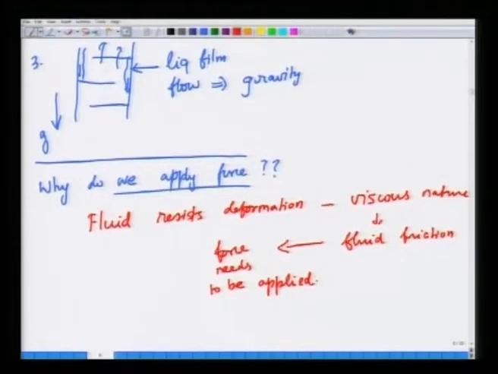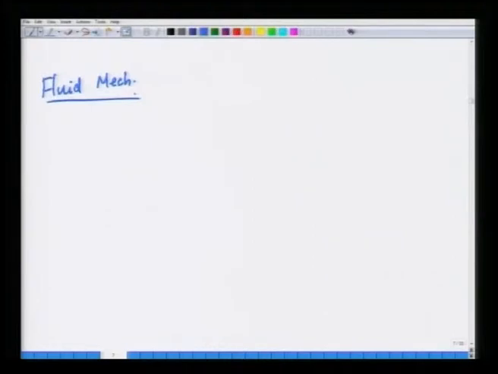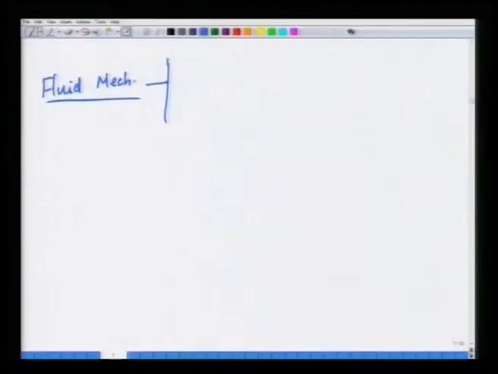So, fluid mechanics is a very general subject. It is a general branch of applied physics that deals with motion of fluids and the forces that cause the motion, and being a very general subject, it is of relevance to various scientific and engineering disciplines. Fluid mechanics is important to aerospace engineering because aerospace engineers are interested in designing airplanes and other flying objects, which have to overcome the resisting forces of the fluid.